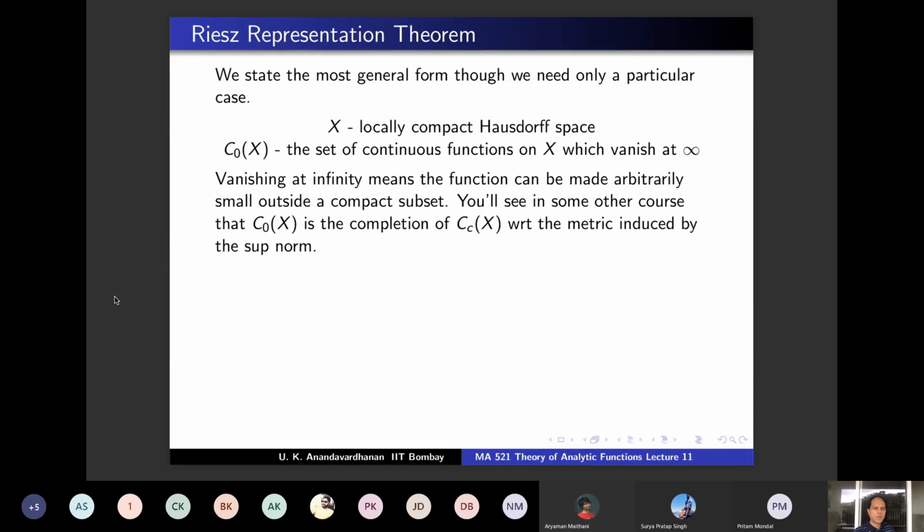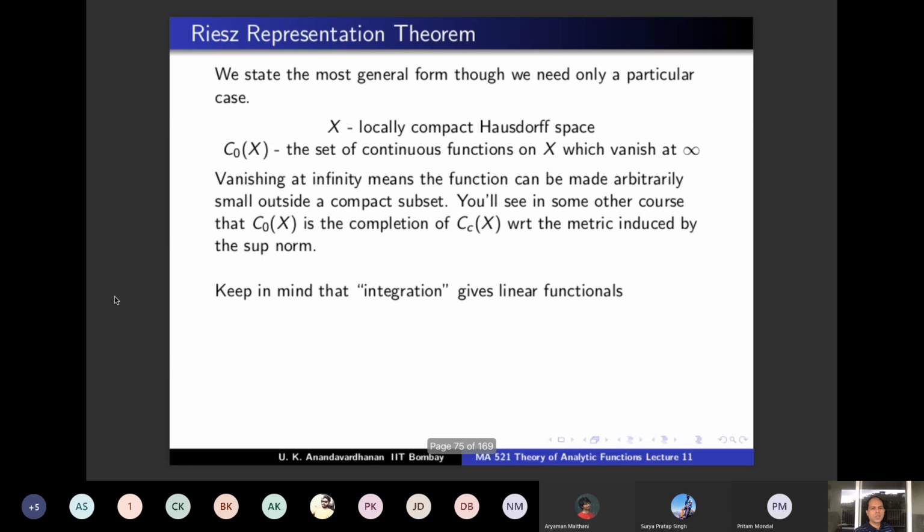We don't need all this, for the following reason. But before that, let's state the Riesz representation theorem. Keep in mind that even in calculus, you have seen integration as a nice thing. It gives you linear functionals. So integration gives linear functionals on function spaces. If you have a vector space of functions, and you know how to integrate on that space, then integral of a sum is the sum of integrals, etc., so you are getting linear functionals.